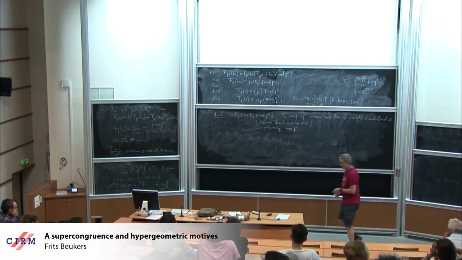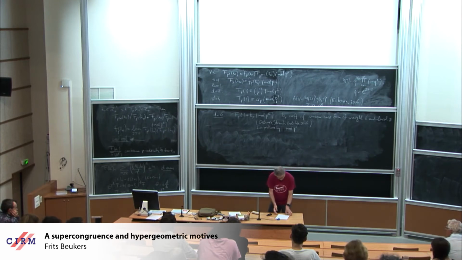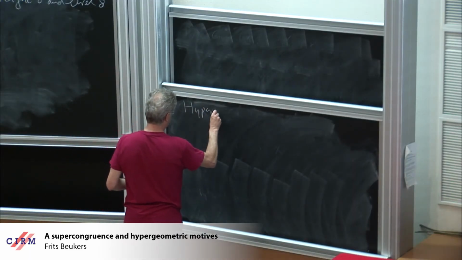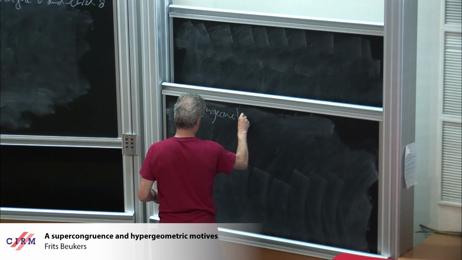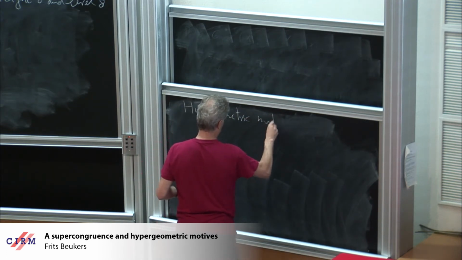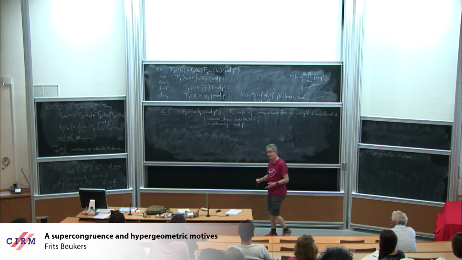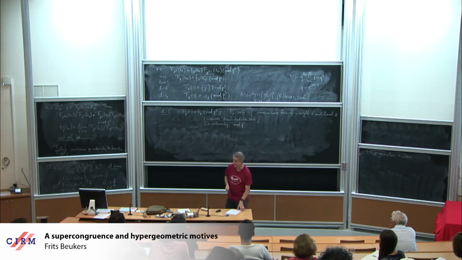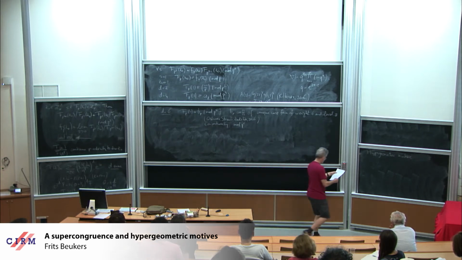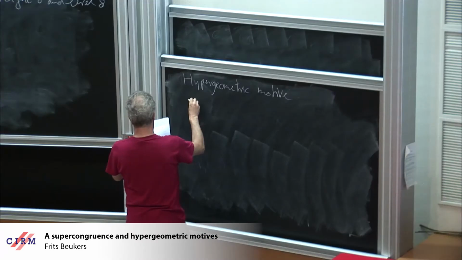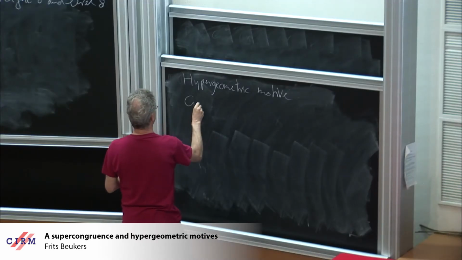To give you the background of this FP1, I have to introduce the hypergeometric motifs. We're going to introduce one particular hypergeometric motif. Basically it's an arithmetic object which is motivated by a hypergeometric function. And in this case, it's going to be of the following type. I guess you know the idea of a Gauss sum.